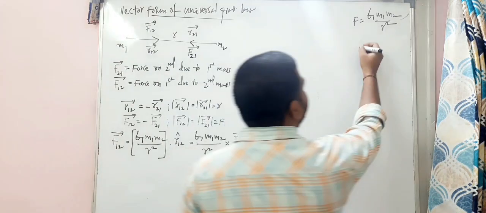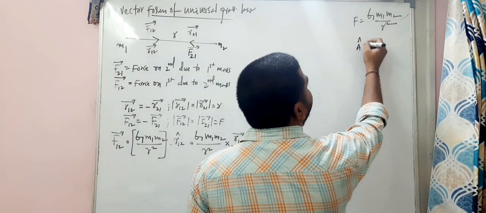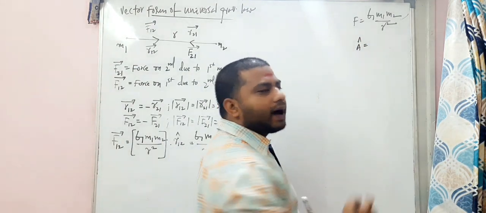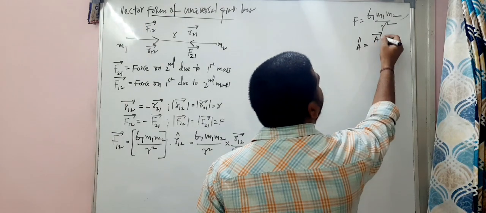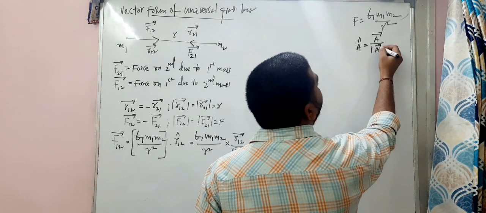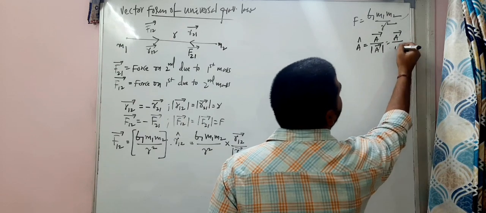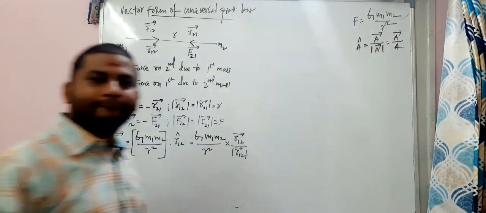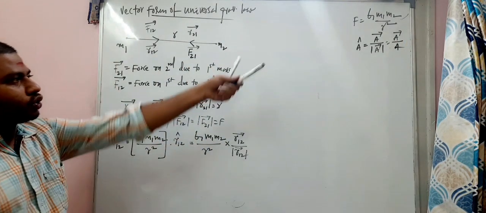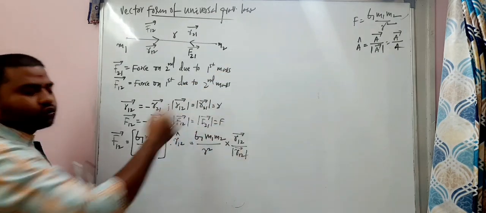If A cap is the unit vector along A bar, it is A bar divided by mod A bar. When I apply the same here, this is what I have got.